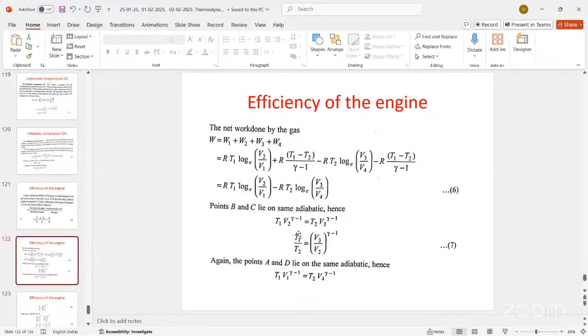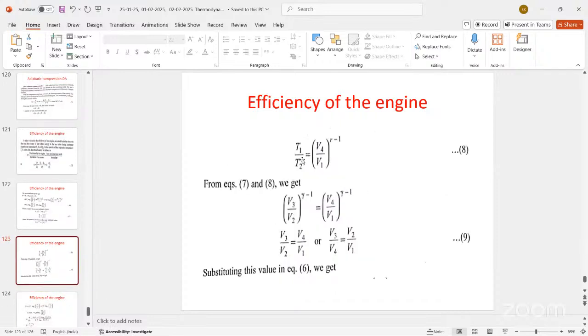Finally we get T1 by T2 is equal to V3 by V2 whole power gamma minus 1. Again we take A to D. When it is reversed, we get T1 by T2 is equal to V4 by V1, from equations 7 and 8.